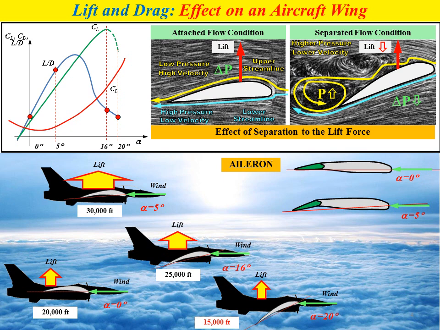The second condition, when we change the position of aileron, we get a different chord line with angle of attack 5 degree. We change again the position of aileron, and we get a different value of angle of attack, let's say at this condition alpha equal to 16 degree.